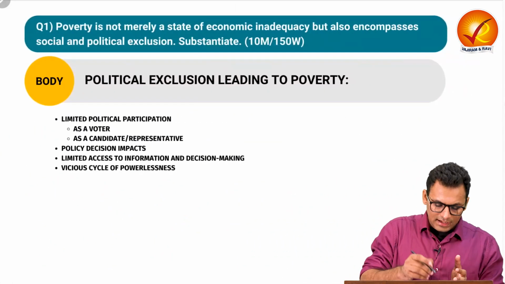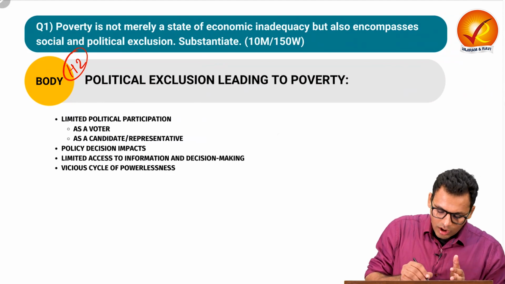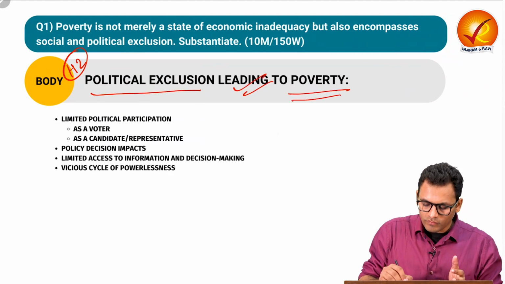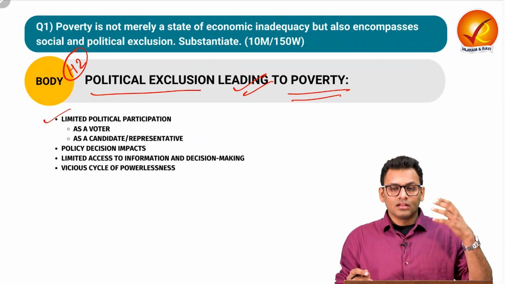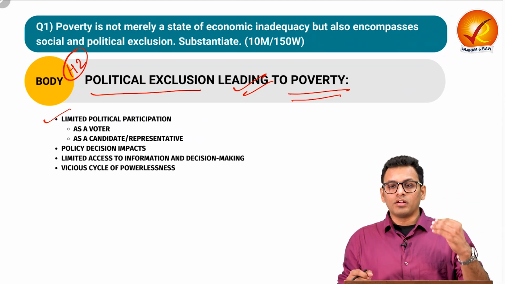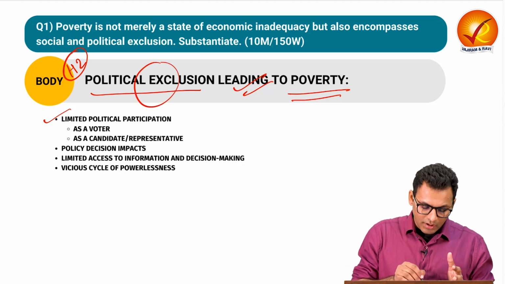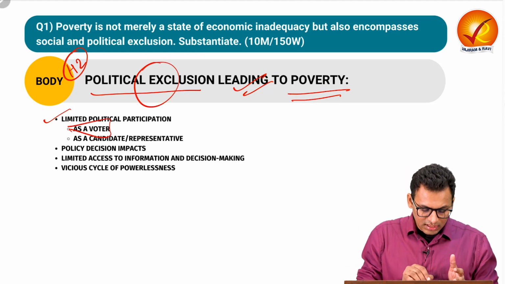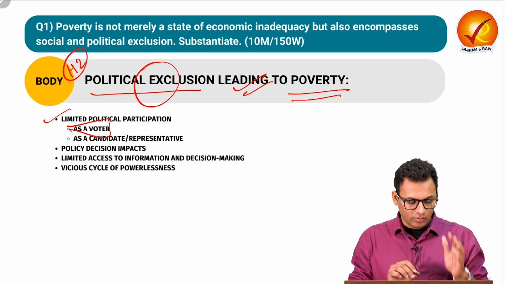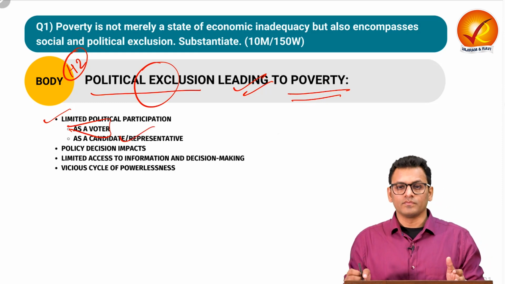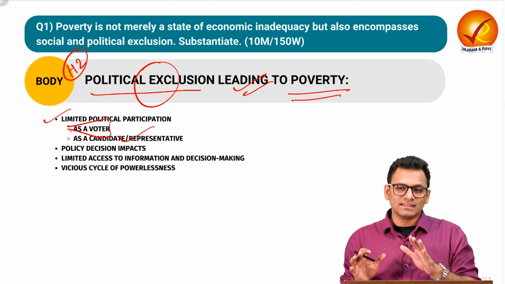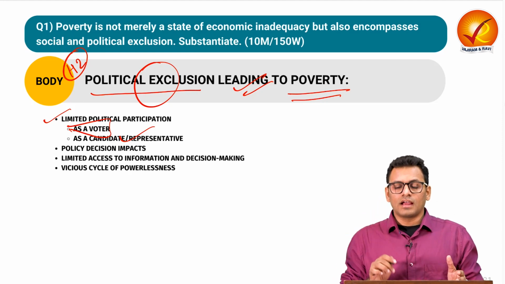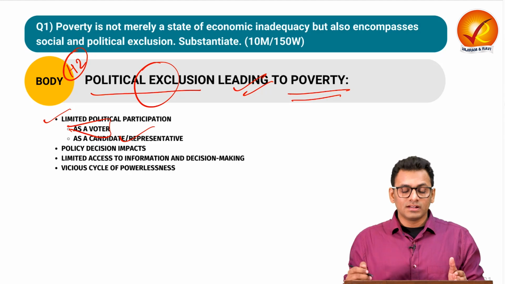In heading 2, you can talk about how political exclusion leads to poverty. There are certain factors such as limited political participation that are part of political exclusion. Think about it from two perspectives, as voters and as candidates. From the voters' perspective, lack of access to basic needs also proves a hurdle to accessing political rights.